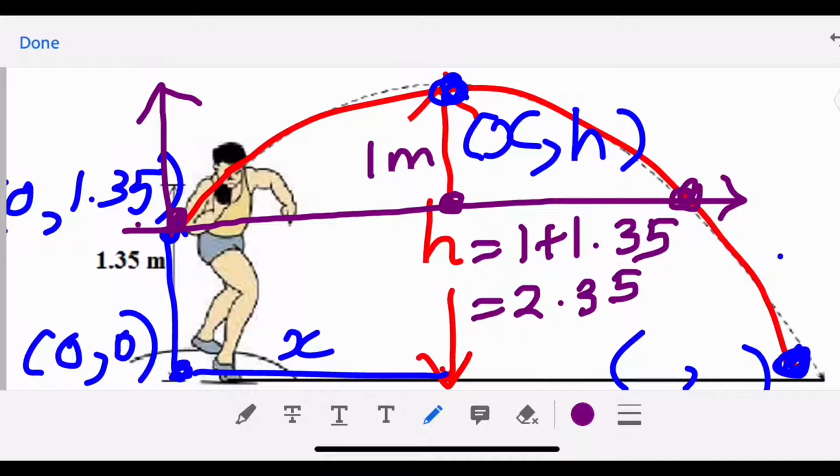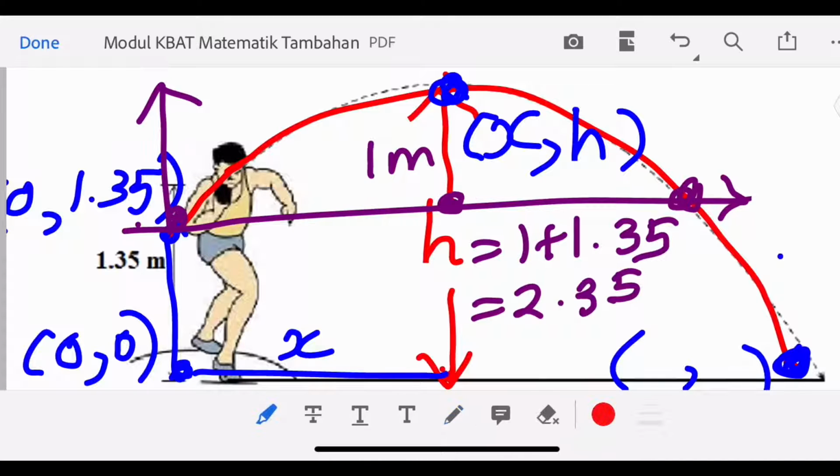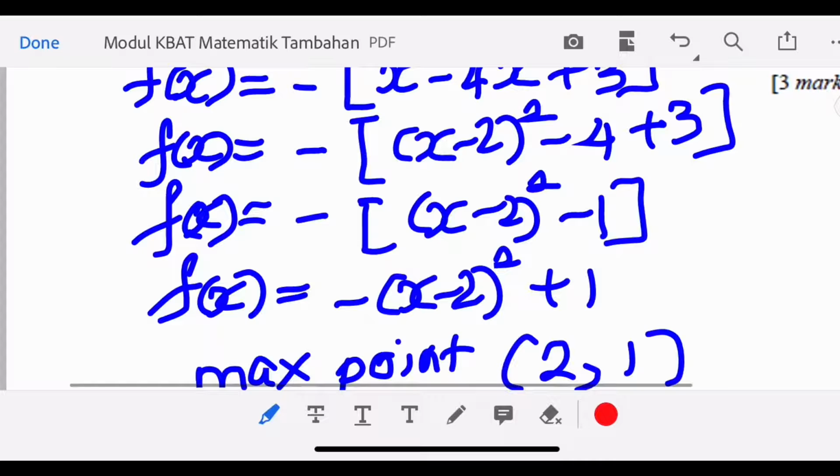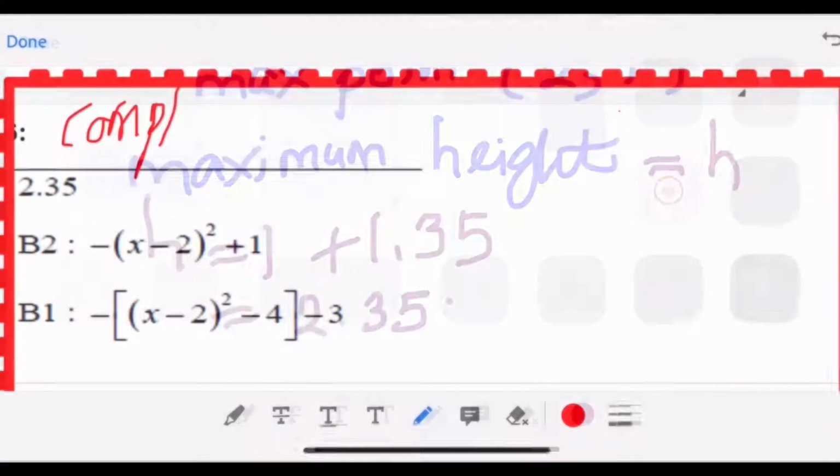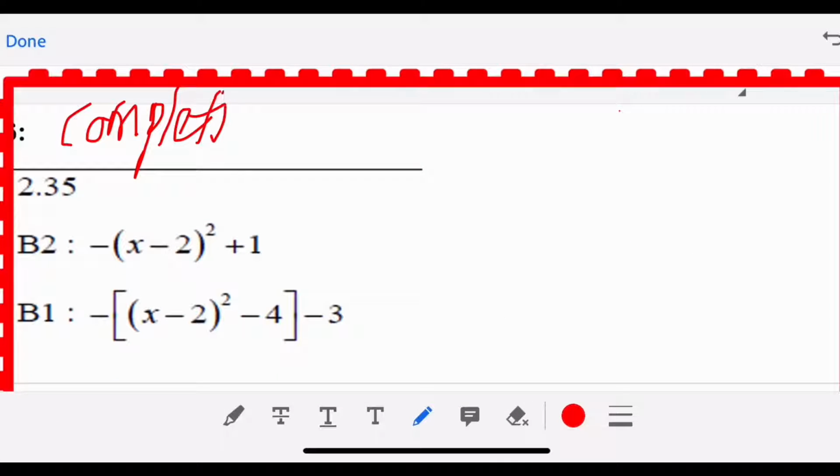The purple color axis refers to the actual curve of the quadratic function. Is that clear for this question? So you have to study the problem first. This is the answer given.